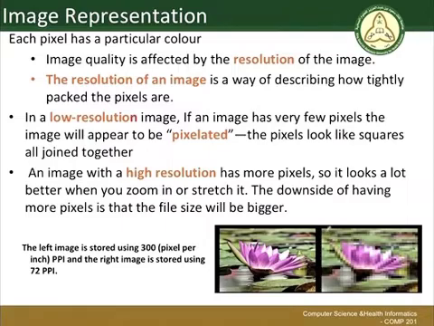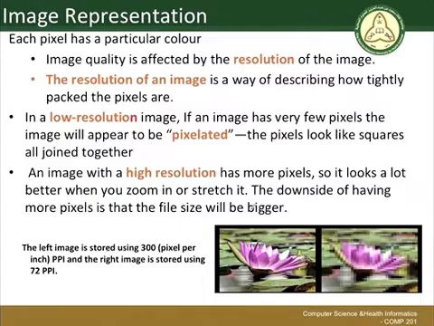And we will see the actual creation of the image, which consists of pixels, so we can kind of see the squares. But if the image has a high resolution, which means more pixels per inch, the image will look okay even if we stretch the image and zoom in.